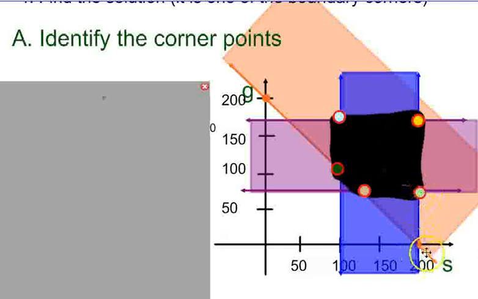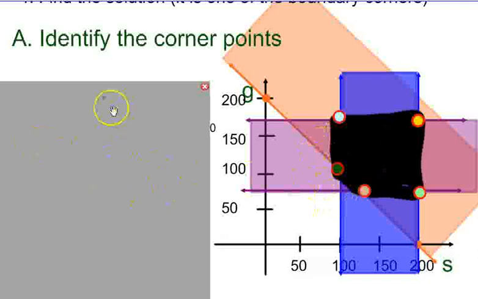This intersects the orange and the blue, but the purple is not around here, so we don't include that. That's not part of our feasible region. So we need points that intersect all three of our lines. And each one of these is at the intersection of all three different color lines, as you can see.